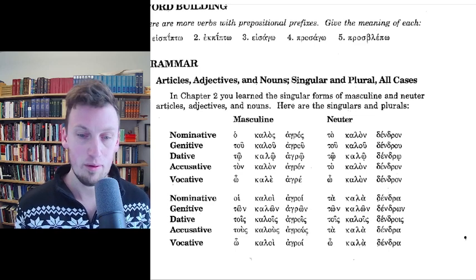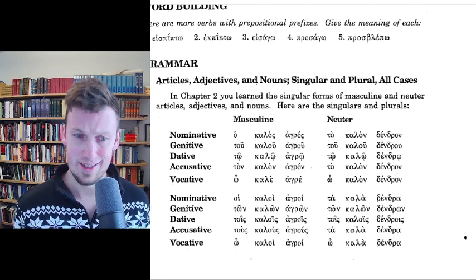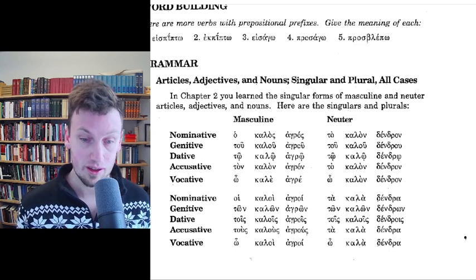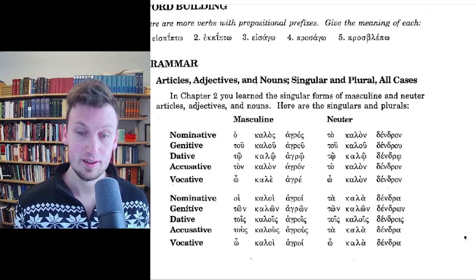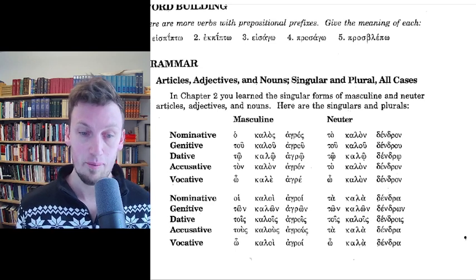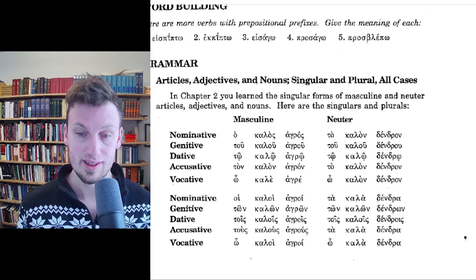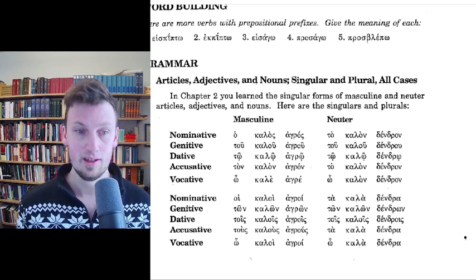Memorizing these endings and memorizing these articles is not two separate things at this point. It's the same set of endings. They also give you the neuter, which is identical to the masculine, except for the nominative and accusative, which is what we saw with the singular, right? So the nominative plural is ta, and the accusative plural is ta.